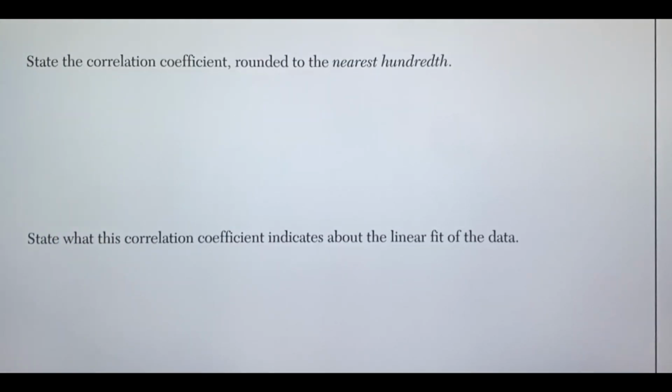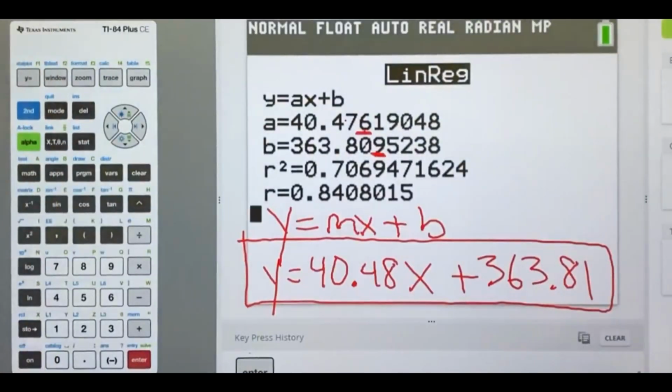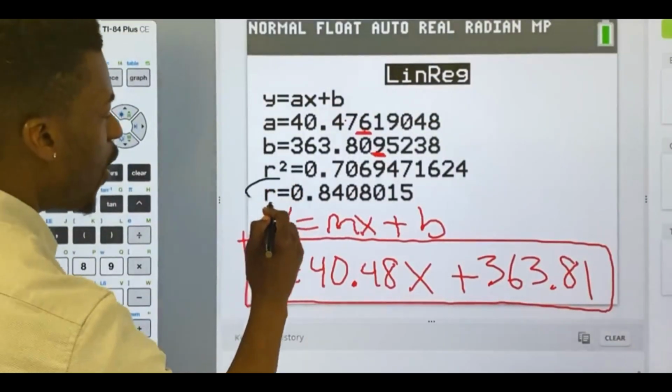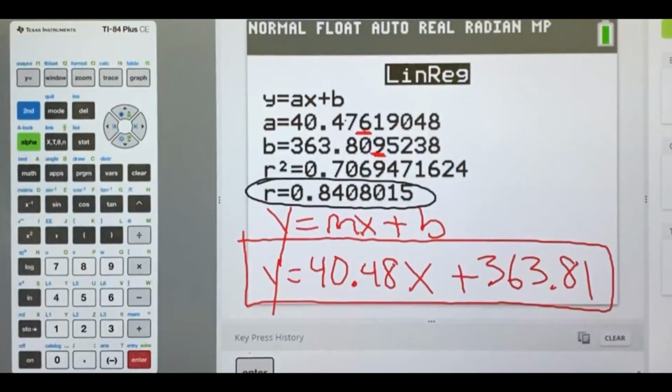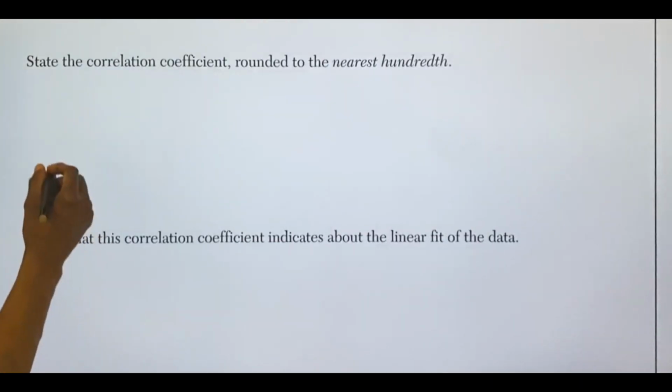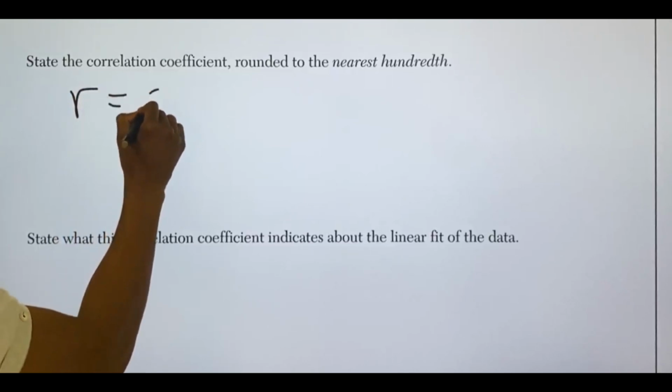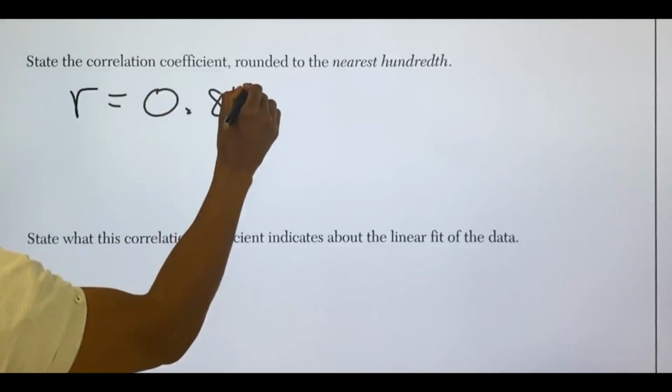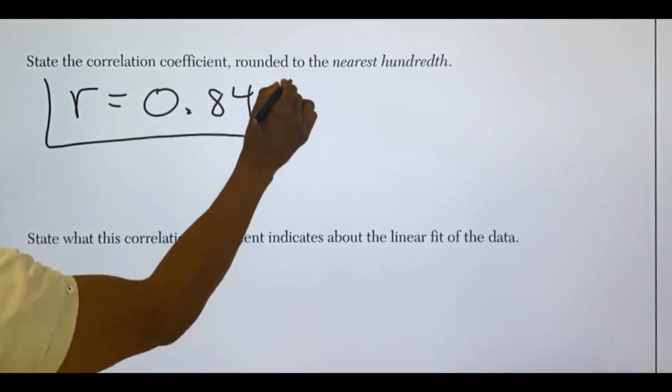So now, instead of us going back and having to do this all over again, we can go right into the calculator and look at this R value. All right, but they want us to round to the nearest 100. So what's going to be the answer for the correlation coefficient? 0.84. So I come here, it's going to be R equals 0.84. These are easy points.